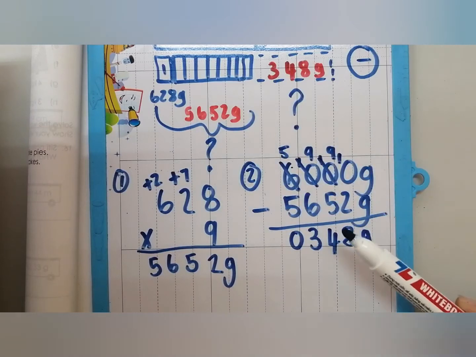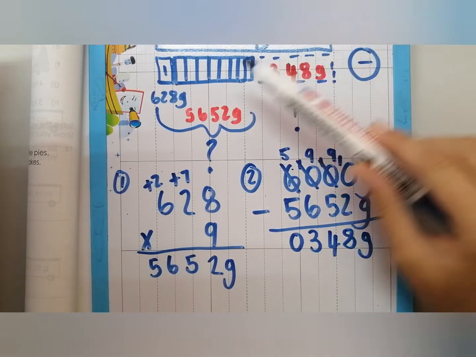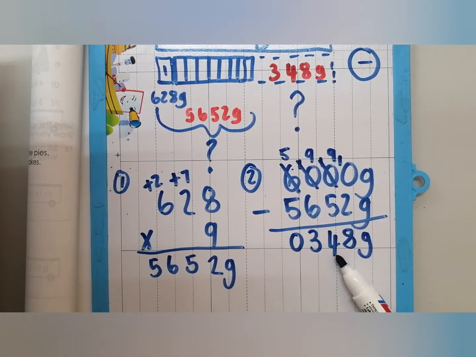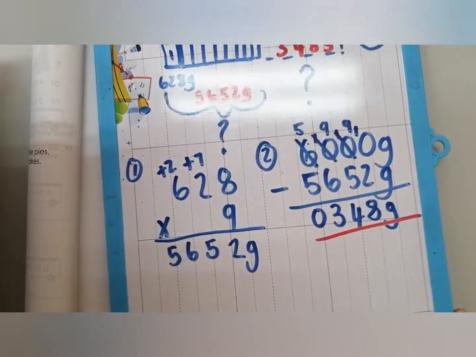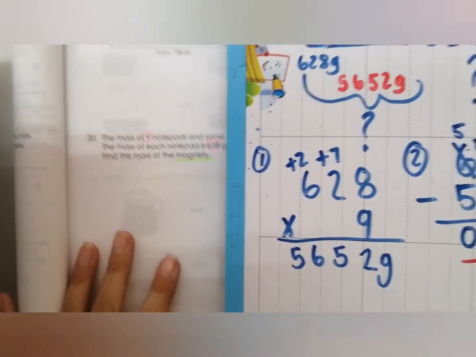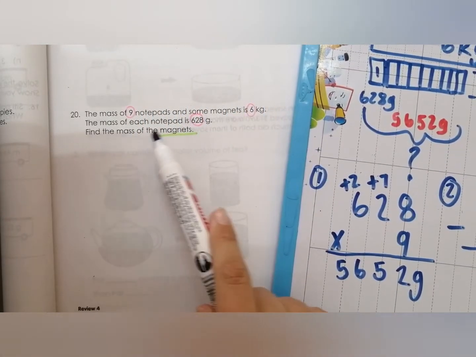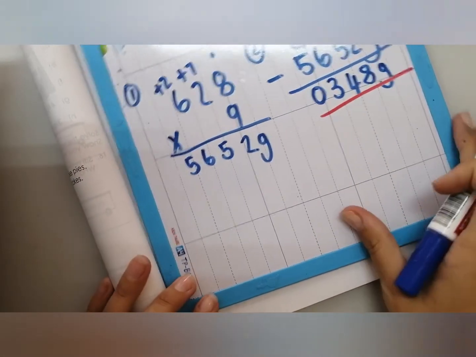We have done our second sum to find out the difference between the total weight and the weight of the notepads to give us the weight of the magnets. Now that we have the total weight of the magnets, we need to write our sum. Well, not our sum, our sentence. So, find the mass of the magnets. Very simple and easy.